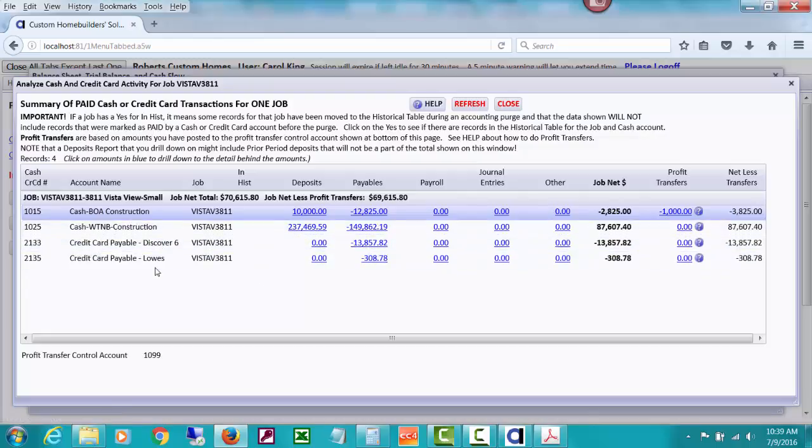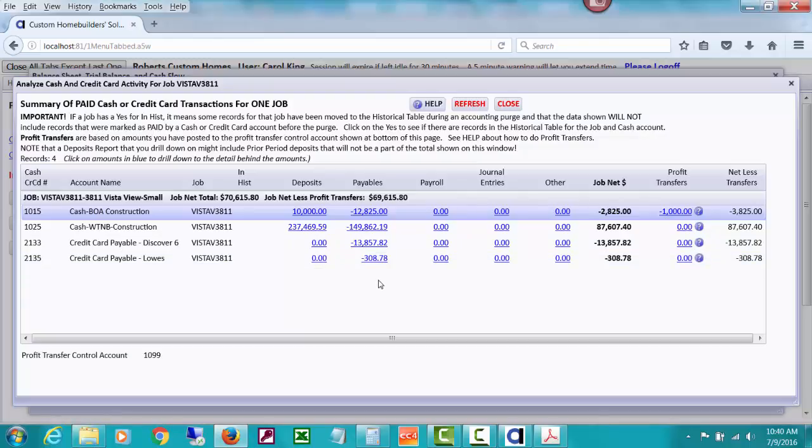But then we also are showing credit card payable, and it's just entries that were posted to that job and marked as paid by this credit card. In other words, you're going to come along later and do one big lump sum payment to this credit card that might involve 4 or 5 jobs. But we're going ahead and saying this job has already used up cash of $13,857.82.